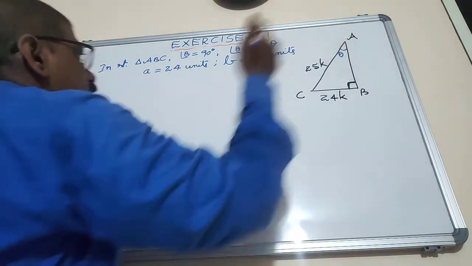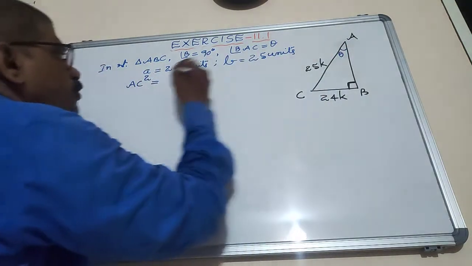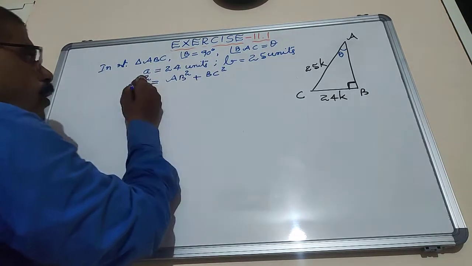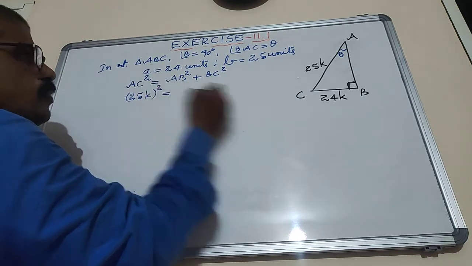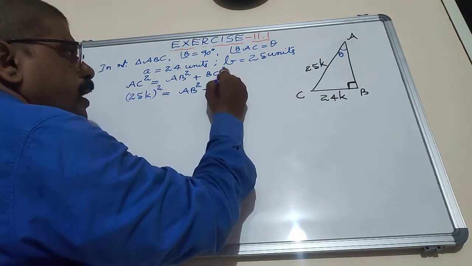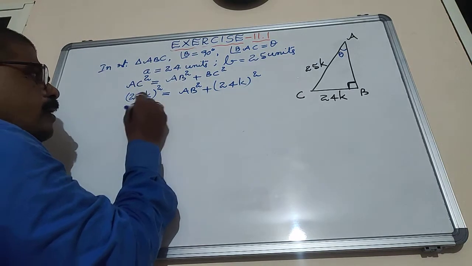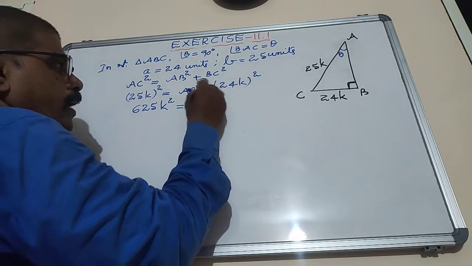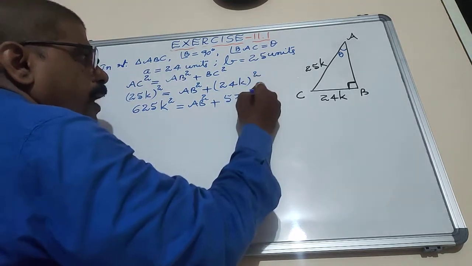Now the hypotenuse square is AC square. AC square equals AB square plus BC square. AC square is 25k whole square, equals AB square plus BC, which is given to be 24k whole square. Now 25 square is 625k square, equal to AB square plus 24 square, which is 576k square.